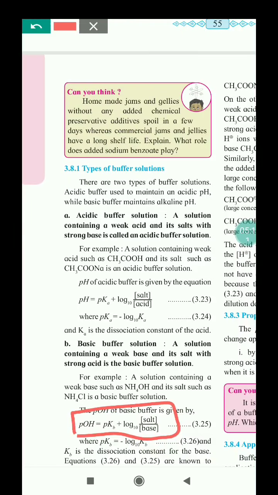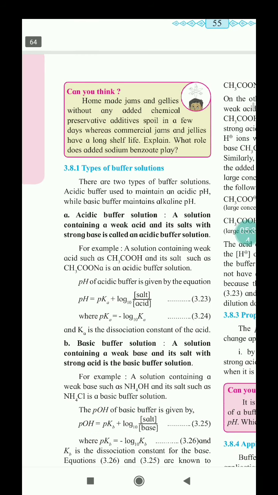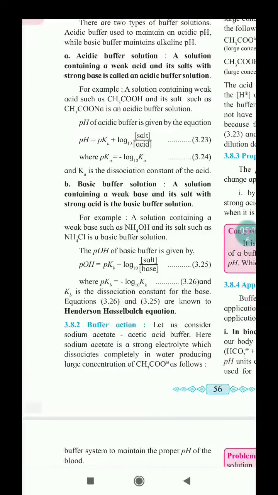These are equations 3.23 and 3.25. Here Ka is a dissociation constant, and these two equations are called the Henderson-Hasselbalch equations.